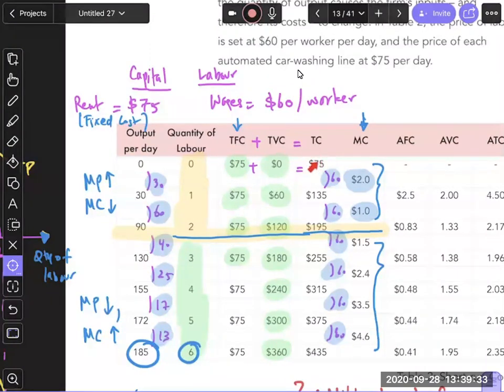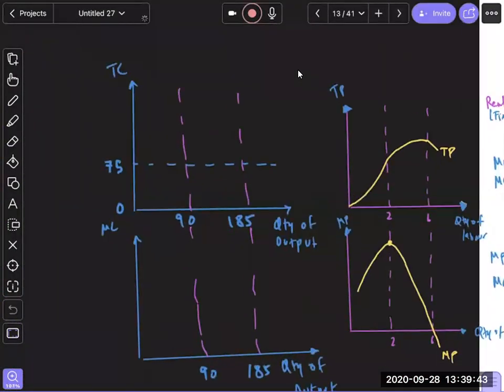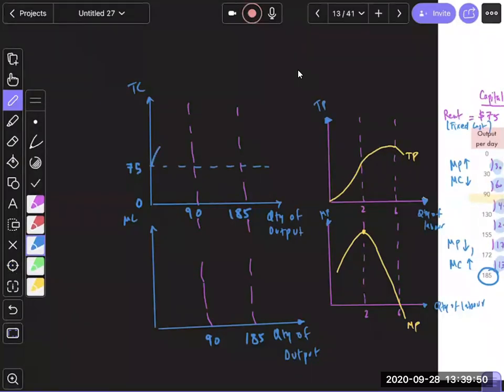So my total cost at 0 is 75, and then 135, 195, and so on. So for the first 2 workers or 90 units, my cost is going to rise at a slower rate. And then cost is going to rise at a faster rate.